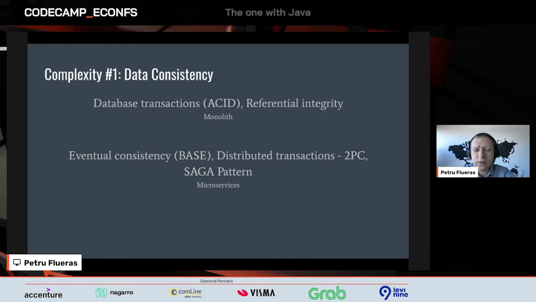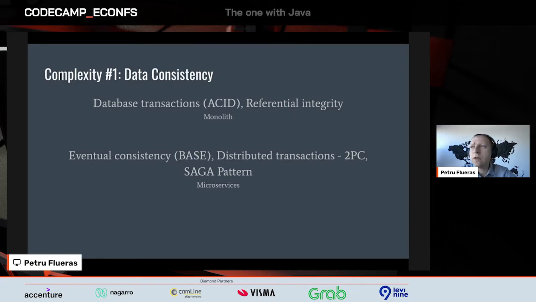This is not guaranteed as well. And also this compensating rollback transaction can fail as well. So eventual consistency, or the consistency, is weakened, and errors may happen from time to time.